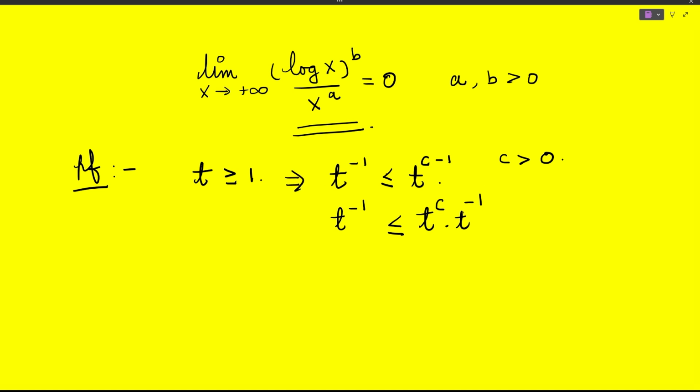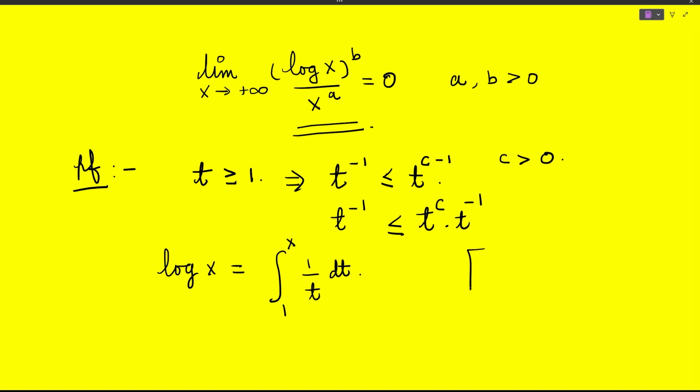What is the motivation for this? I'm going to expand the logarithm, log of x, in terms of an integral: the integral from 1 to x of 1/t dt. This is log x.